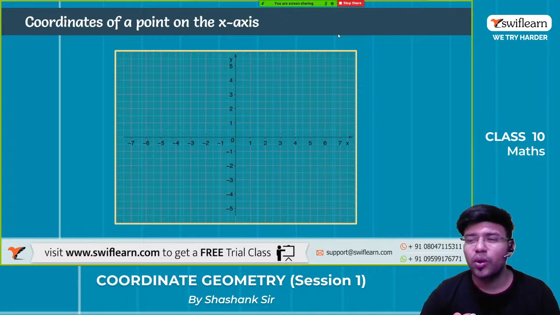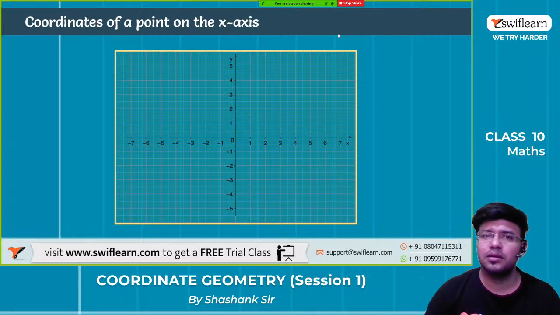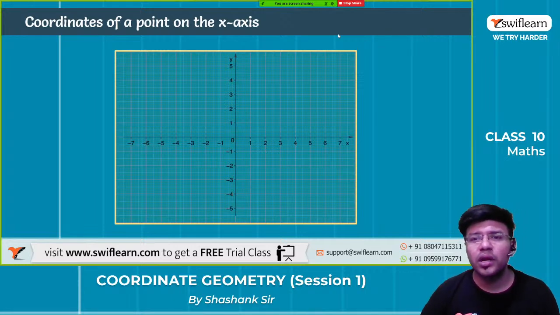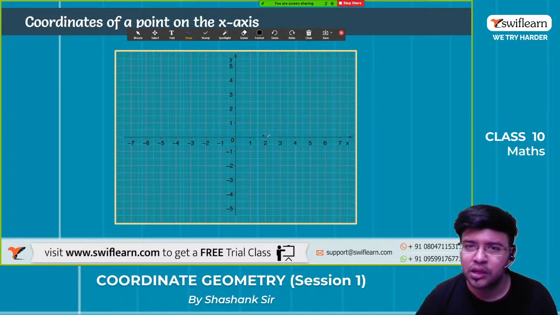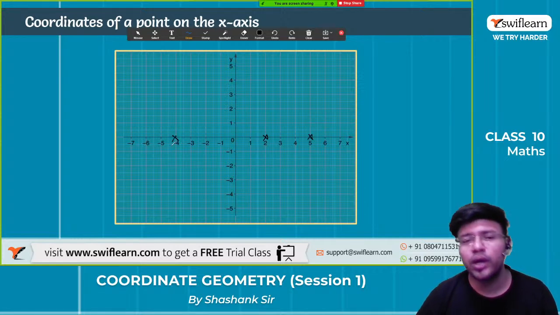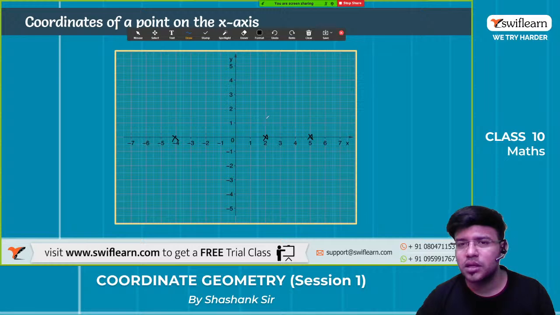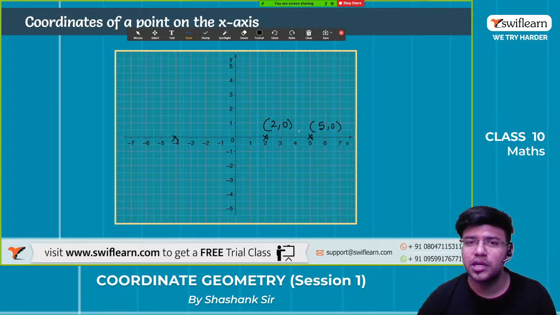Now, coordinates of a point on the x-axis. What will be the coordinates of a point if it lies on the x-axis? For example, this point, this point, and this point. The coordinate of this point will be (2, 0), of this point (5, 0), and of this point (-4, 0).